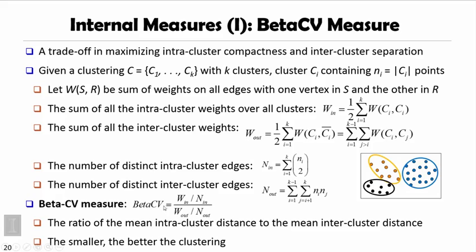So the BetaCV is essentially the ratio of the mean intra-cluster distance versus the mean inter-cluster distance. Of course, for this measure, the smaller the better the clustering, because the smaller means this is pretty small, it's quite compact, and this is bigger, it means it's more separated. That's how the BetaCV measure is defined.